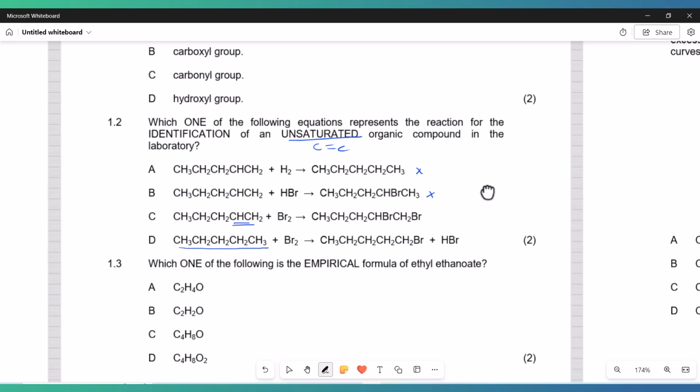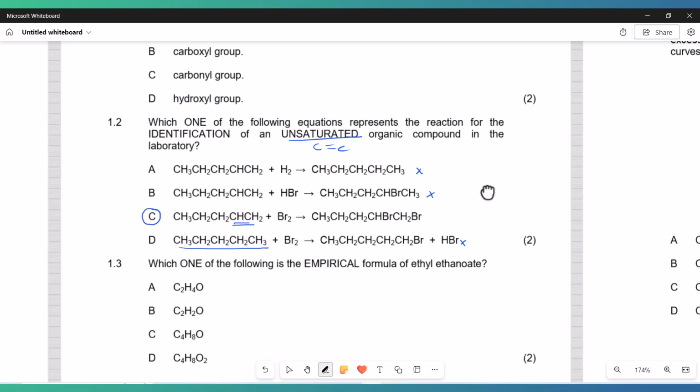So what they get here is a bromoalkane plus hydrogen bromide. This is not correct because we must get an alkane with two bromine atoms. So in this case, this is our answer, whereby we add bromine to an alkene to get this product. Our answer is C.